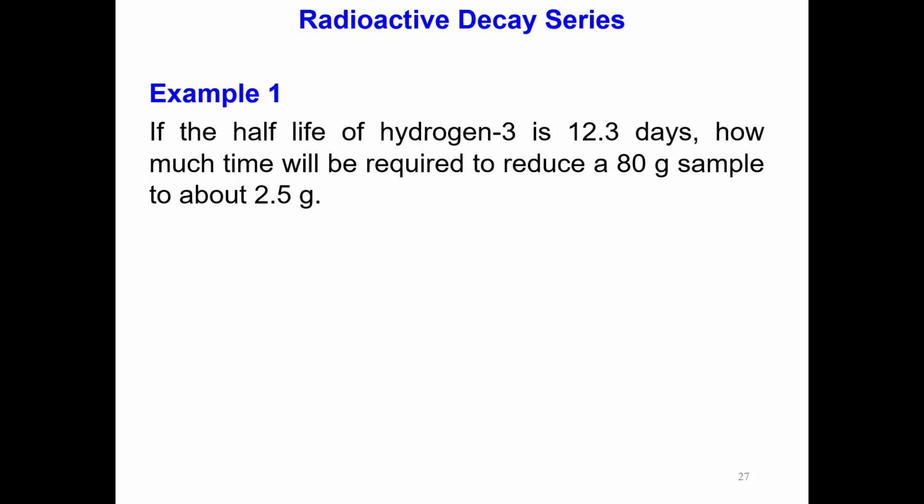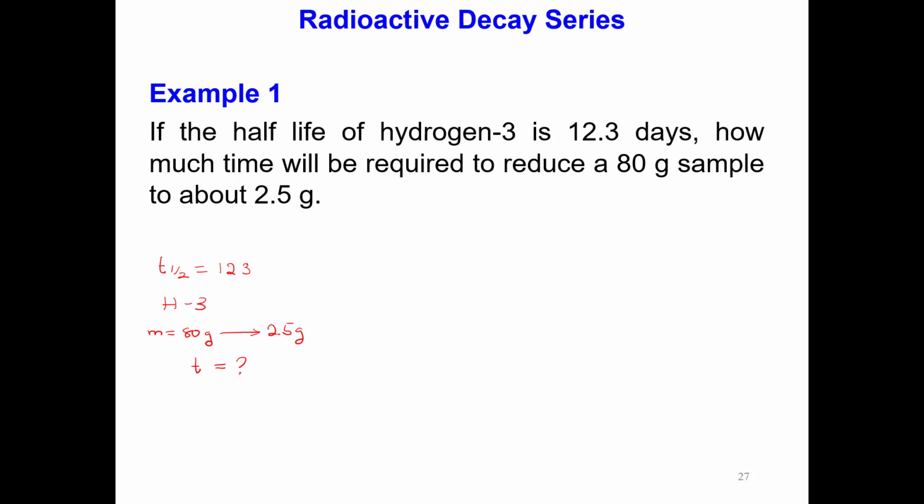Let's write here the information we know. The half-life is 12.3 days, for hydrogen-3. The mass we start with is 80 grams, and we want to reduce this mass to 2.5 grams. Then we want to know how much time will be required to do that.